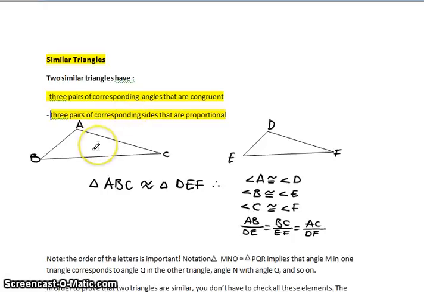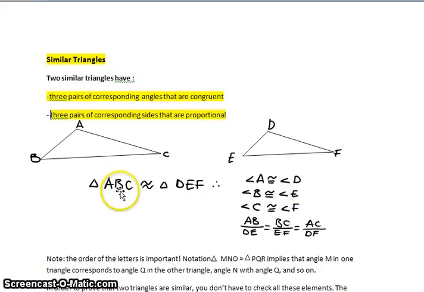Here are our two triangles, triangle ABC and triangle DEF. When I write that triangle ABC is similar to triangle DEF, the order in which I write the letters implies that angle A corresponds to angle D, and that's why angles A and D are congruent.